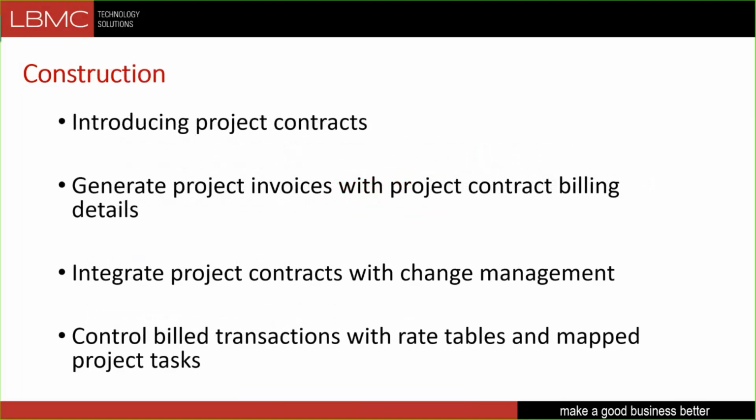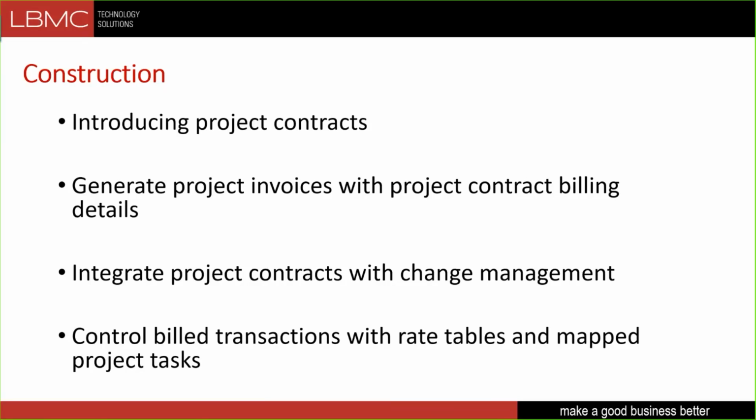And then in the construction module, there is quite a bit of changes related to utilizing project accounting within the construction industry. You can use these contract lines to capture and include a mix of billable details into your project.